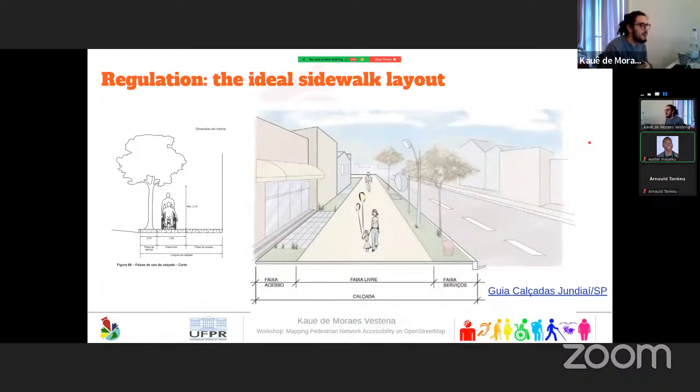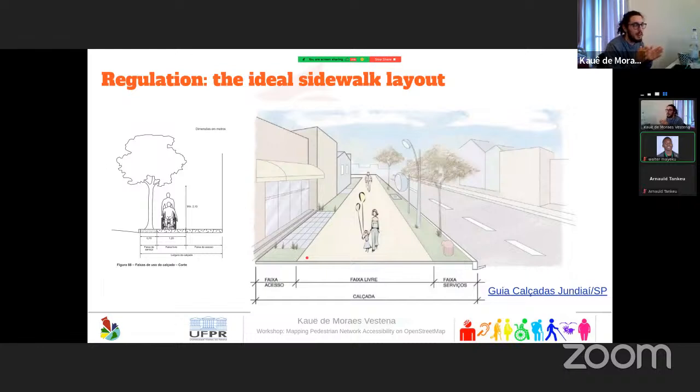And then we are seeing what would be the ideal sidewalk layout. Okay, so for urbanistic purposes, this is what is planned, what is generally put in environments that were planned. So the thing is that you have this stripe that's meant for access and adapting the parcels and the houses with the street, or shops or anything.